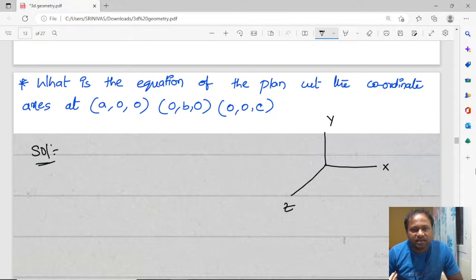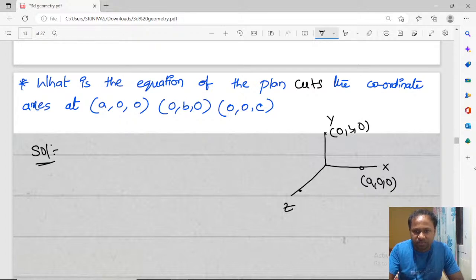The equation of the plane which cuts the coordinate axes at these points: suppose at this point a, 0, 0, at this point 0, b, 0, at this point 0, 0, c. Then the plane will be like this.